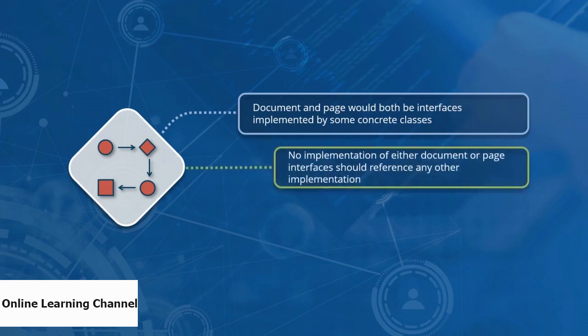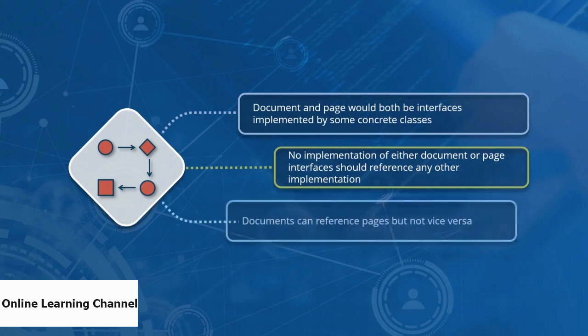Implementations should not reference other implementations directly. Implementations should only work with the interfaces exposed by other objects in the system. And the dependency inversion principle specifically states that higher level objects, such as the document object, should not reference lower level objects, such as pages. Pages can reference documents.